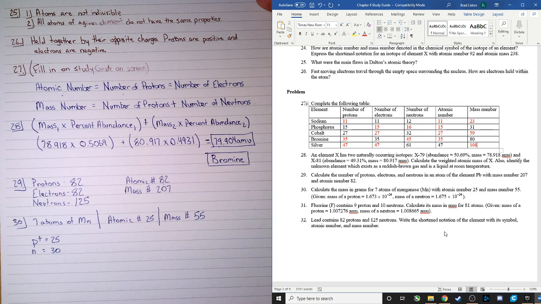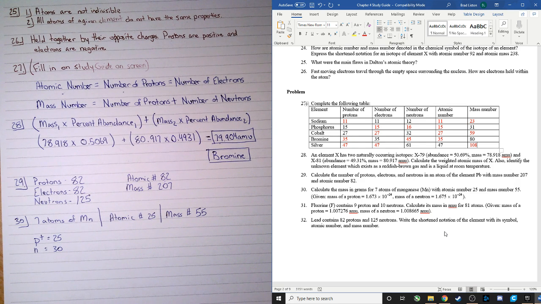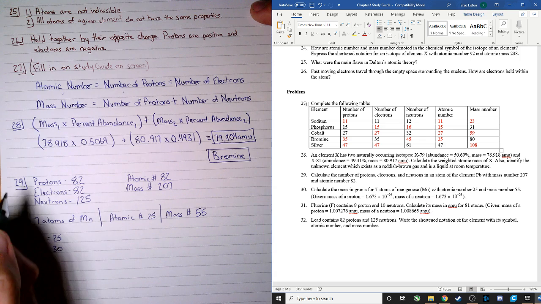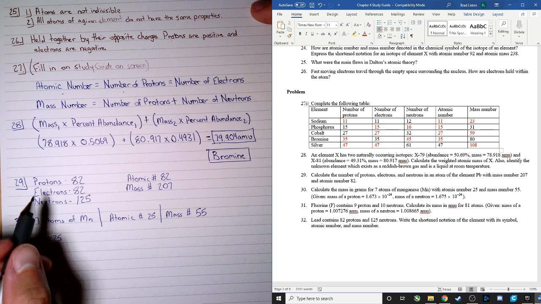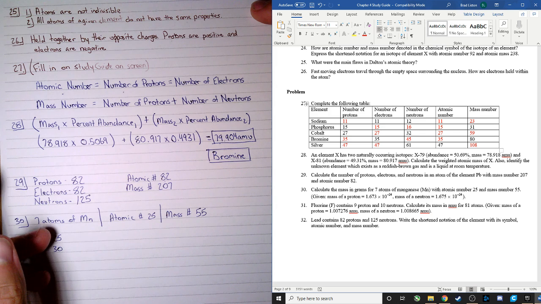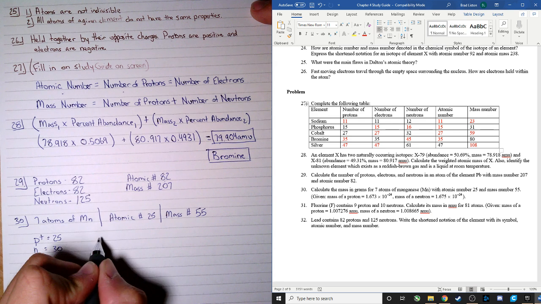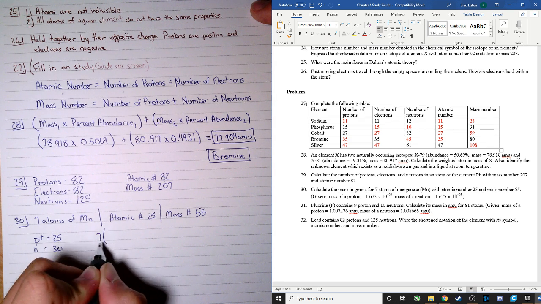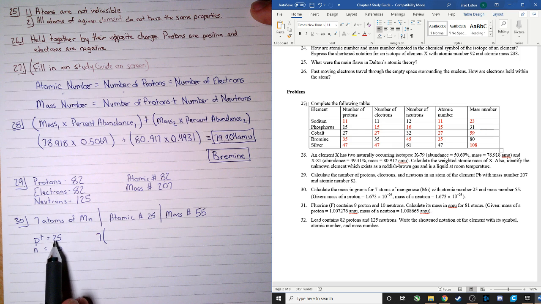Next, I'm going to give you a general formula again. So we need to find out the mass of these 7 atoms. Then we're going to multiply.